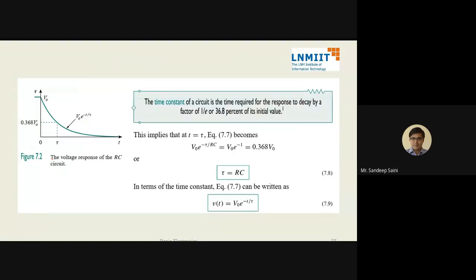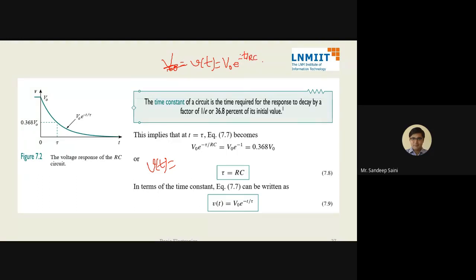And then we can do a few things. Put t equal to tau and find out what I get for V of t. My equation is V of t is equal to V naught e raised to power minus t by RC.